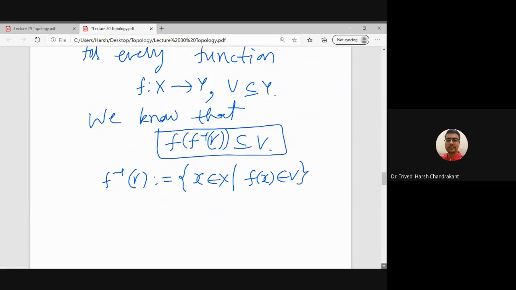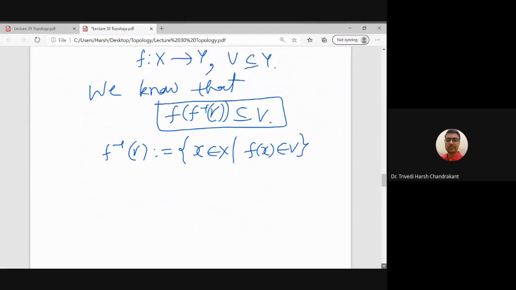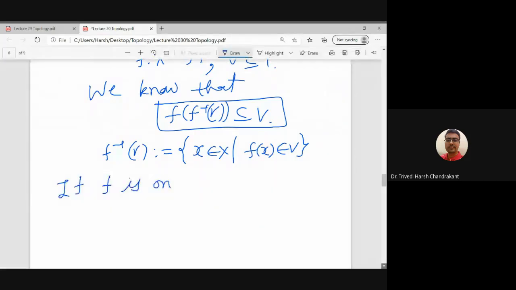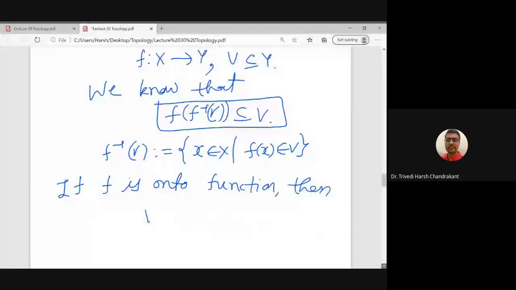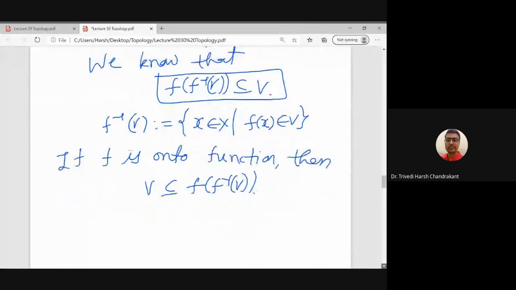But the converse is true only when the function is onto. So this I have given as an exercise in the first lecture, so you may have done it. Let us just recall it quickly. If f is an onto function, then we will get V is a subset of f of f inverse V. So let us prove this simple part.